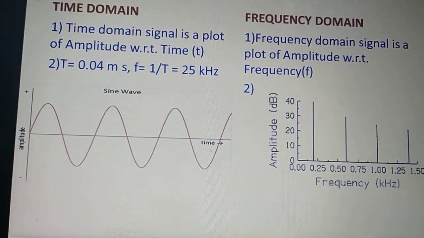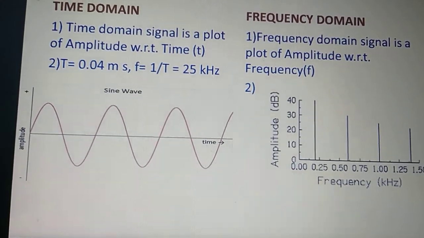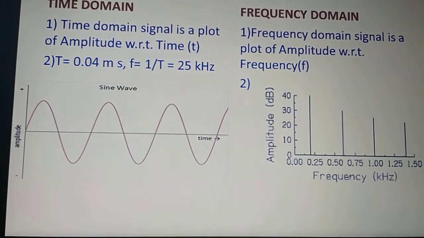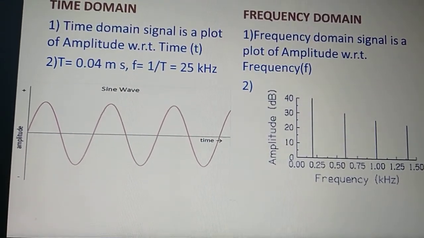We calculated in the time domain analysis for time period T equals 0.04 millisecond and T equals 0.02 millisecond. The frequencies that came out were 25 kilohertz and 50 kilohertz.